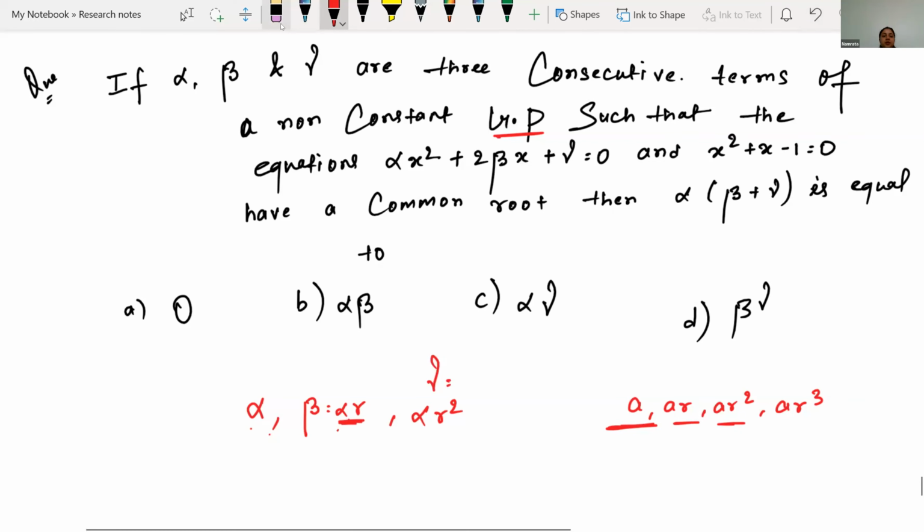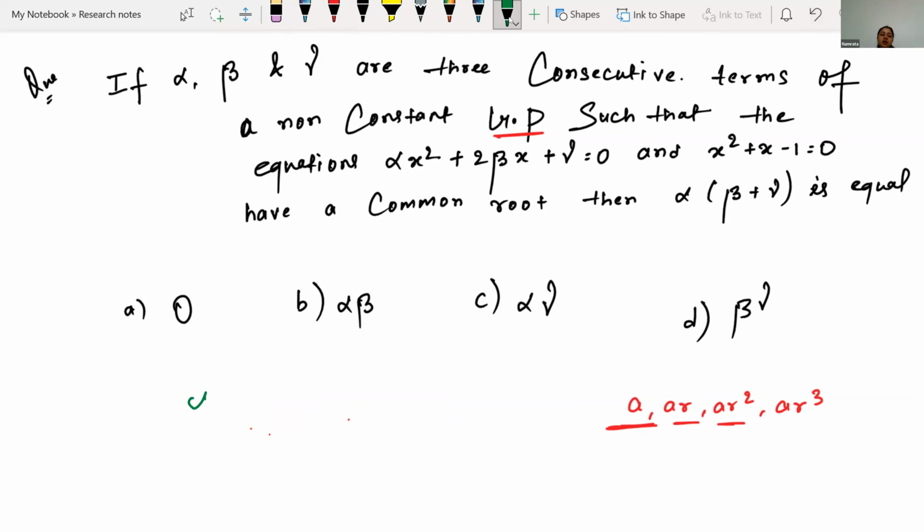Let's write it properly. Maybe we need to use this information after this. So since alpha, beta, gamma is in geometric progression, we are taking alpha as alpha only, beta as alpha r, and gamma as alpha r square, just three consecutive terms of a geometric progression such that this equation is equal to 0.